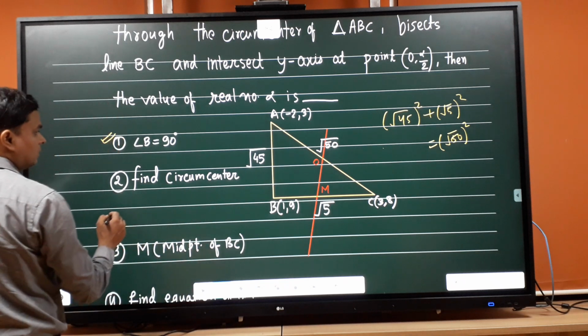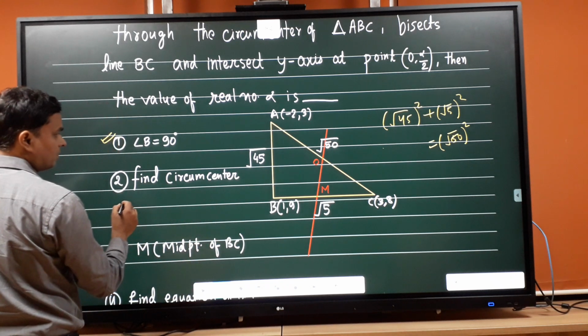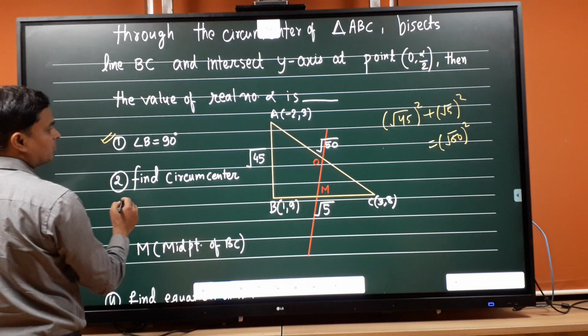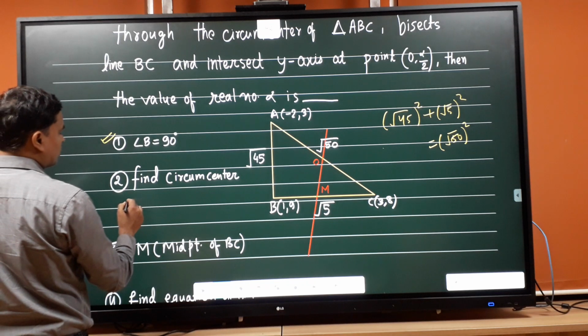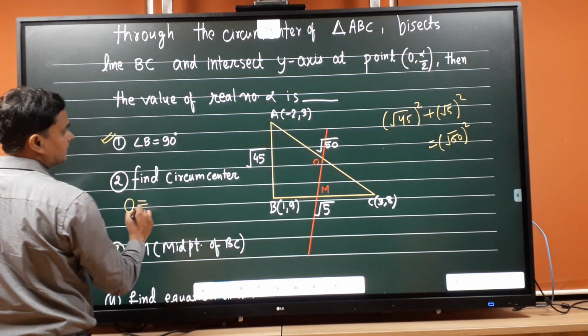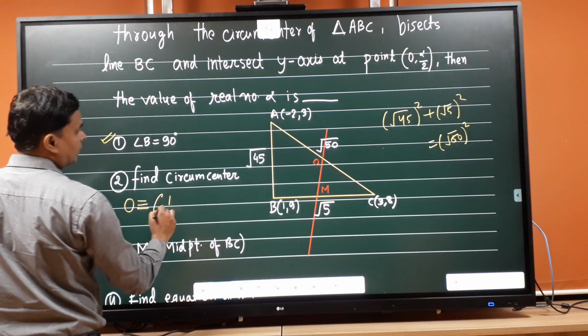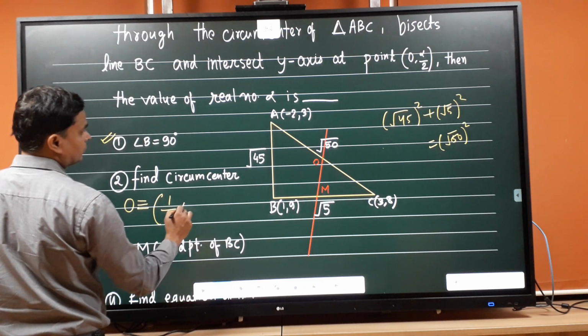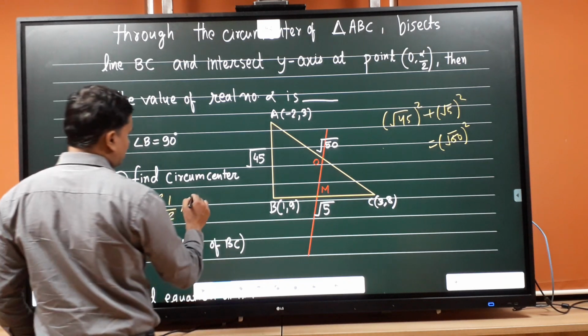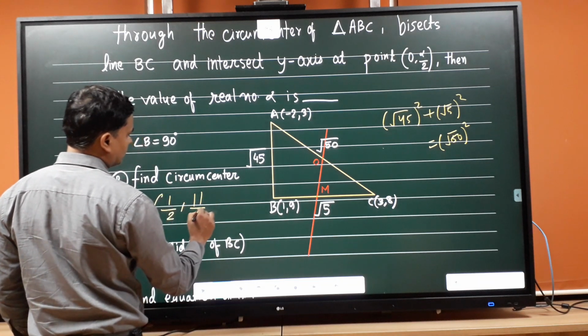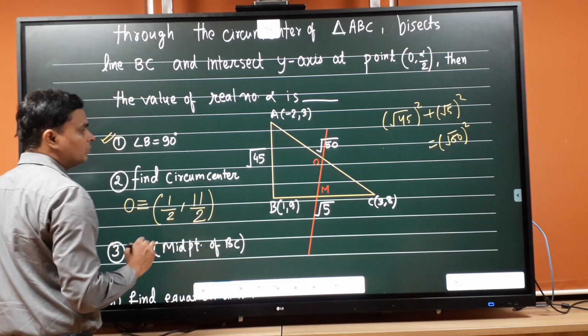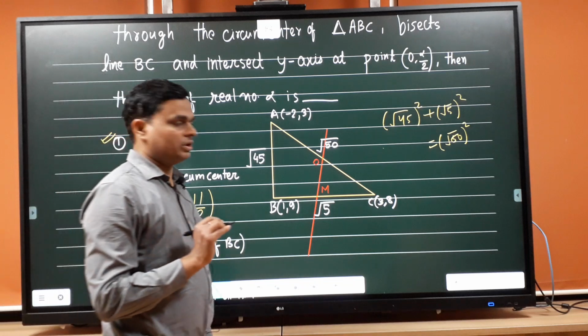Obviously it will be the midpoint of AC. Applying the midpoint formula, we can write the coordinates of O as 1 upon 2 and 11 upon 2.